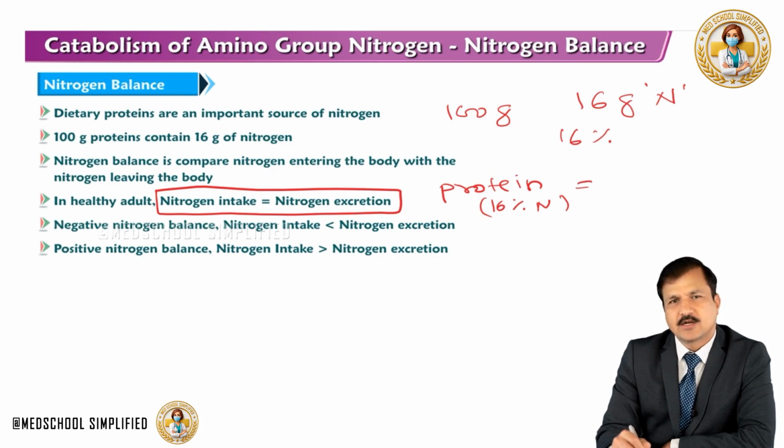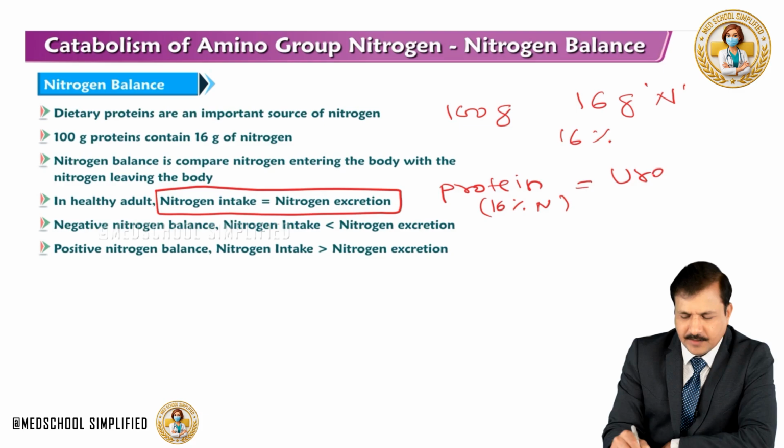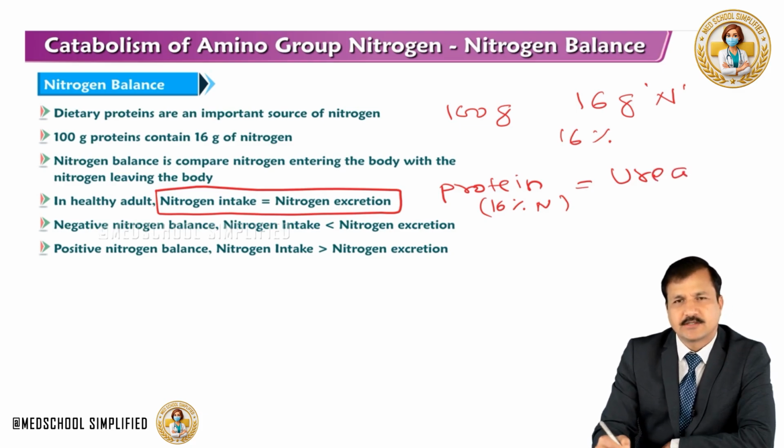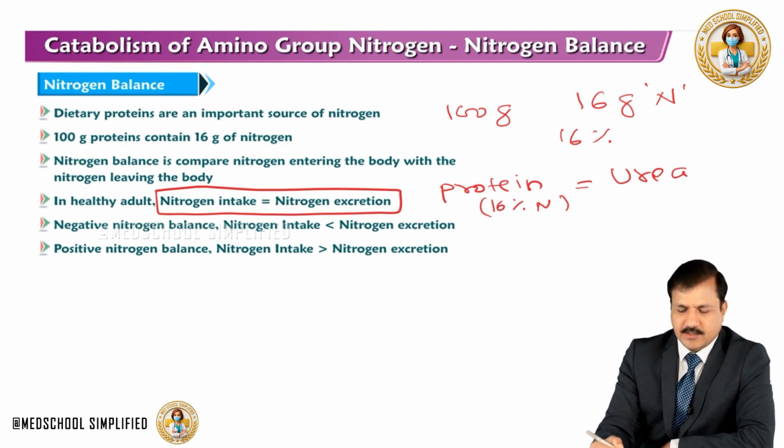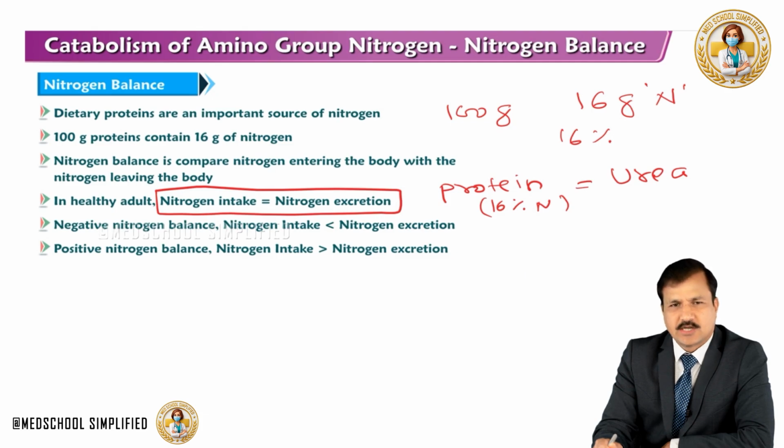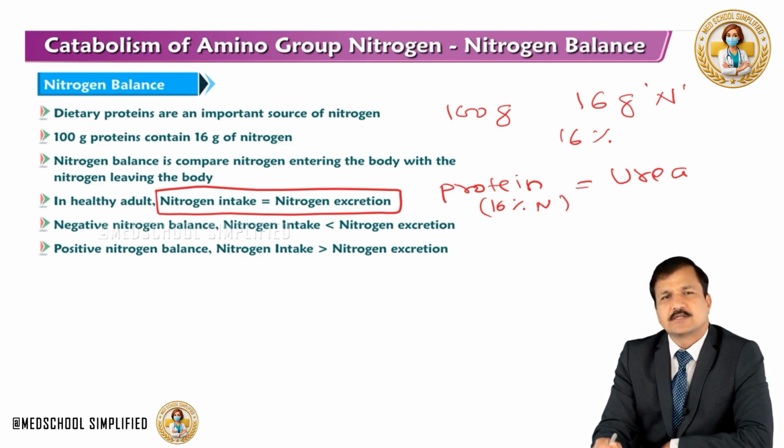The major nitrogen excretory product of our body is urea, and urea has 2 nitrogen in it. The amount of nitrogen coming in should be equal to the amount going out. That is what is seen in adults, and it is referred to as nitrogen balance.